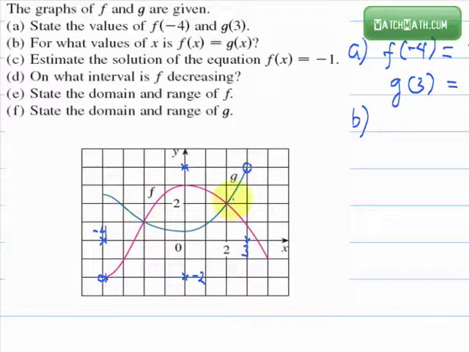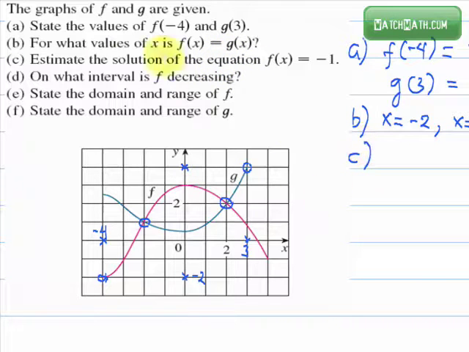So f and g intersect exactly at these 2 points, and the first one has x coordinate -2, and for the second point it has x coordinate x equal 2. So when x equals -2 or x equals 2, f of x equals g of x.